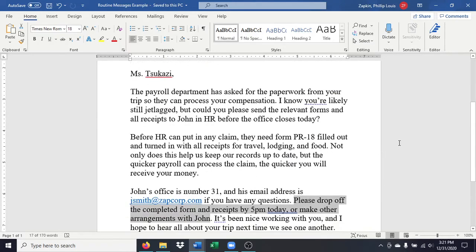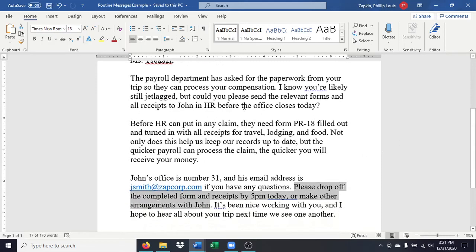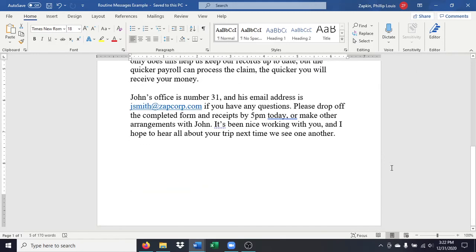Now, if you look back to the opening paragraph, it said, before the office closes today. So that might tell her 5 p.m., but 5 p.m. is a more concrete deadline. So again, by this point, she should know exactly what forms she needs to fill out, who she needs to return them to, how to return them to that person, and the time by which she needs to do that.